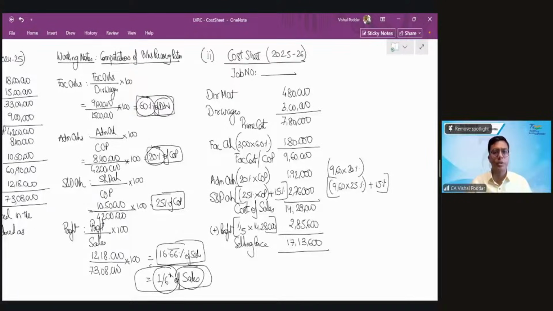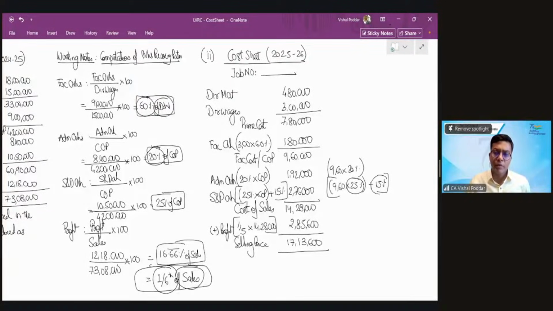Anybody, any questions in this? No, but Naina, what they are saying is that 15% is the inflation. So inflation happens in the basic cost. So 15% will not be of COP. See, 25% of COP is your selling overheads.